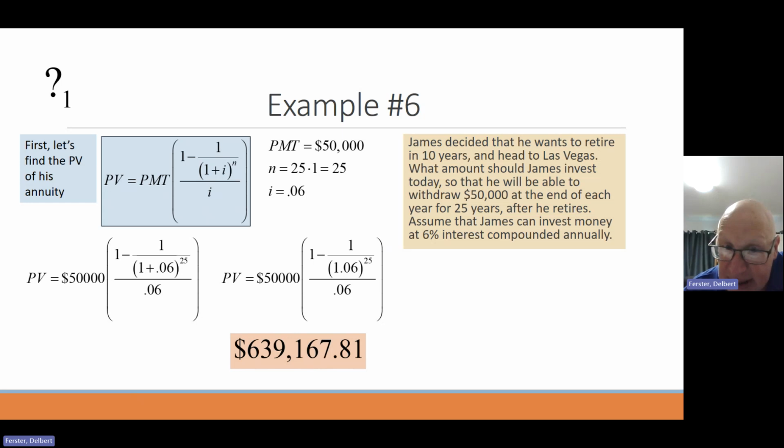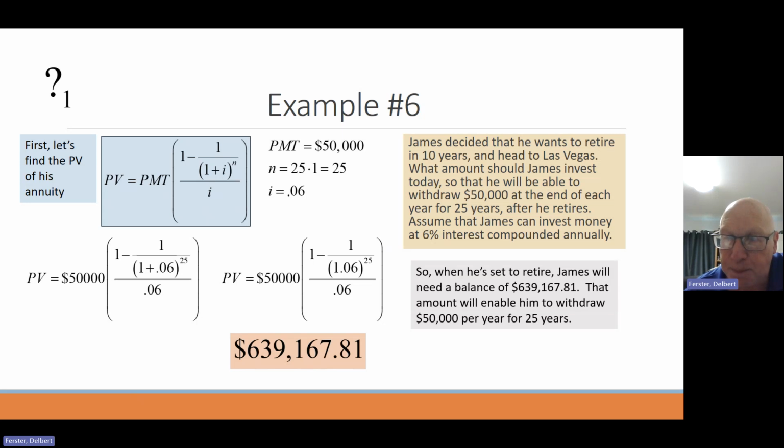And we found $639,167.81 to be the amount of money that would have to be there in 10 years for him to start that annuity sequence wherein he's going to withdraw $50,000 every year for a span of 25 years. So we have found question mark number 1.